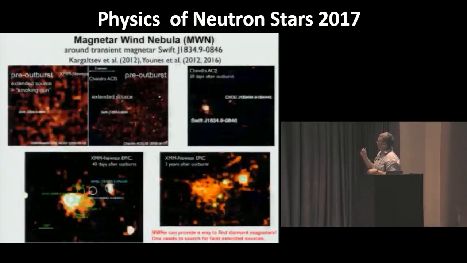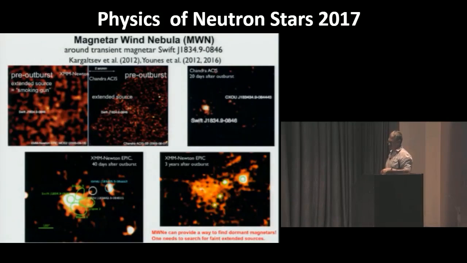And the final slide is another exotic case of the pulsar or magnetar wind nebula that was mentioned actually already here, so I don't have to say much. But what I would like to say is that there is no doubt it's a nebula because we see it long after the flash of the magnetar, so it's not a dust halo.